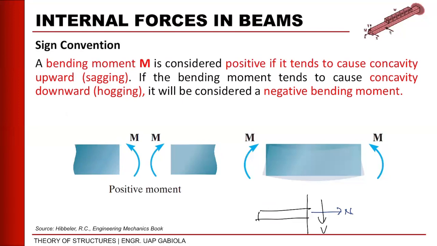And then, ang moment natin, kailangan mag-tend na itong member natin na to is mag-deflect siya, magsasag siya. Okay? So, kailangan magganon siya. Okay? So, kailangan yung direction natin for positive will be counterclockwise. Okay? O itataas niya, magkaroon ng ganitong curvature yung mismong member natin. Okay? So, ayan yung sign convention na gagamitin natin. Right?